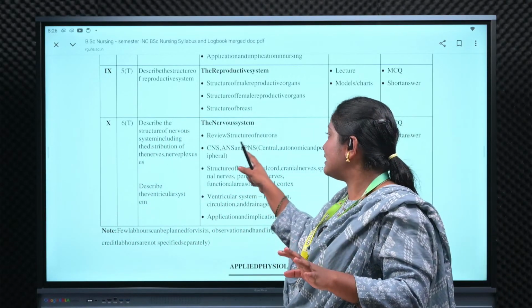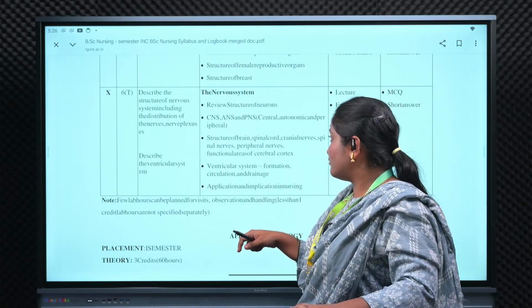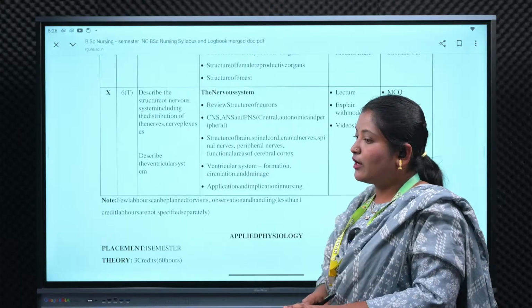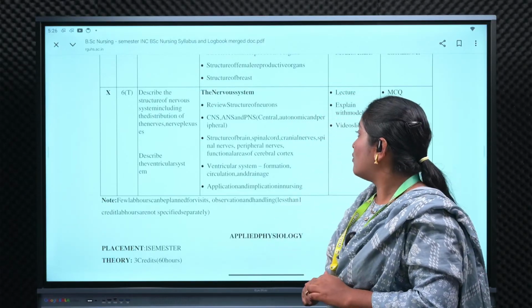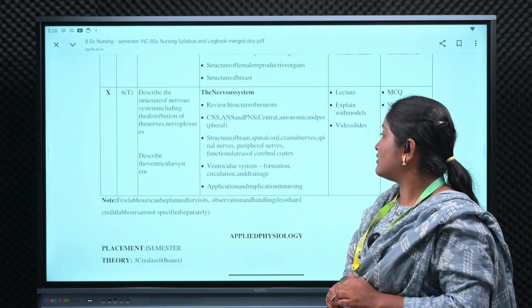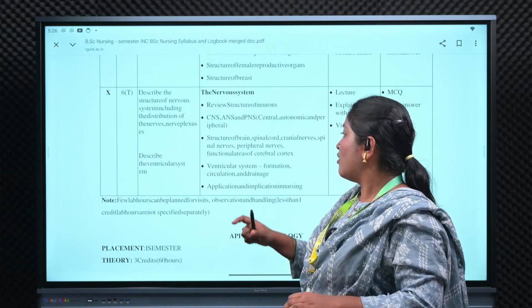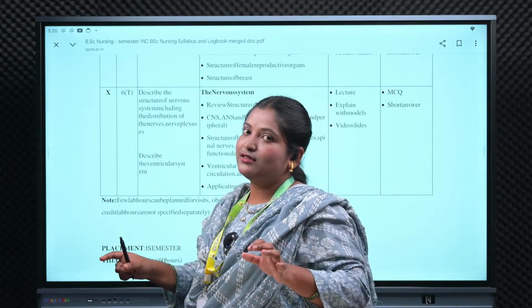All these three systems, central, peripheral and autonomic, we are going to study. And the structure of the brain, spinal cord, majorly the spinal cord and cranial nerves. And we are going to see the functional areas of the cerebral cortex. All these things mentioned here, we are going to study in this 10th unit.